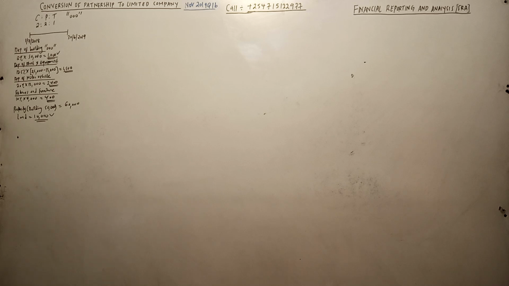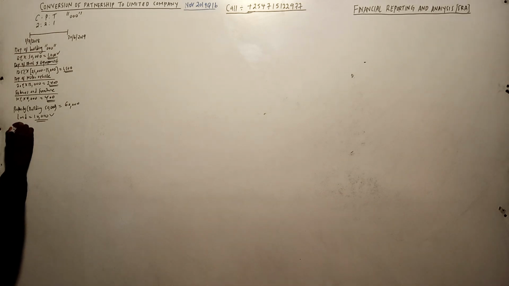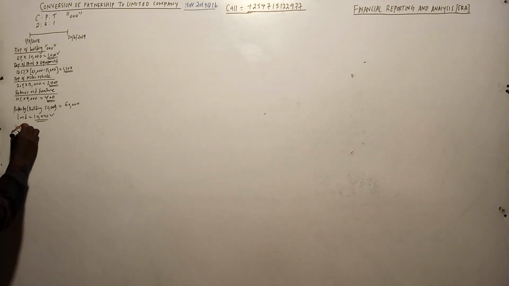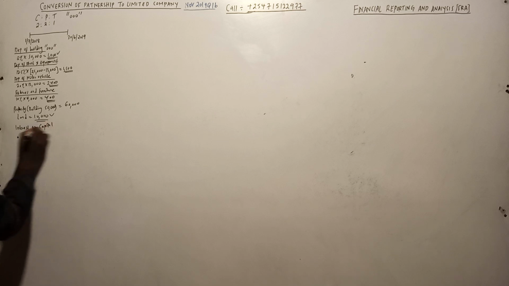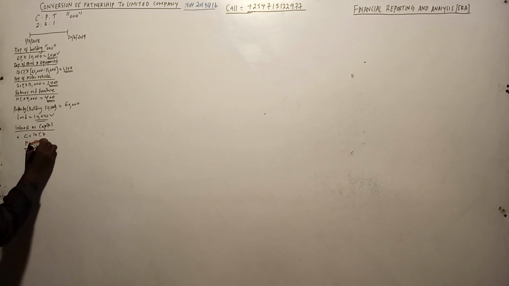Now let's go to the next item. The next item is information number two. The partners were entitled to an interest on fixed capital of 10% per annum. So interest on fixed capital, each 10% of their capital.